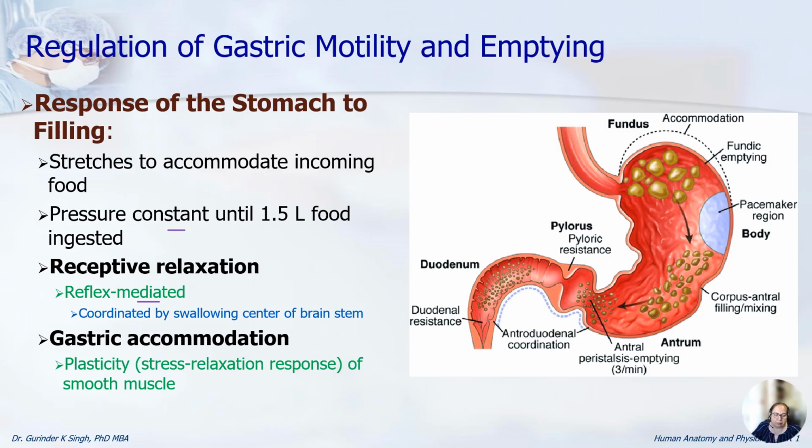The second thing which helps the stomach expand and aids its motility as well as its emptying is plasticity, a stress and relaxation response of the smooth muscle cells present inside the stomach walls.